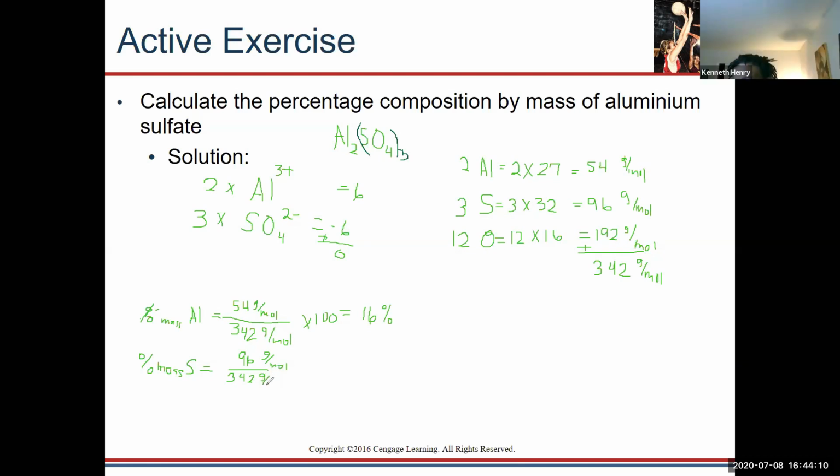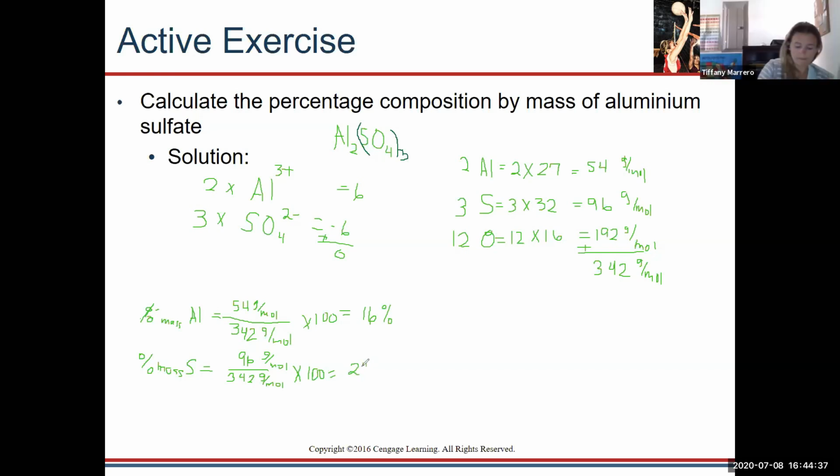Get it? You have it. Look, SO2. You said 28?